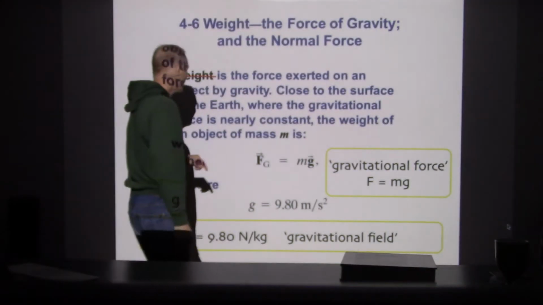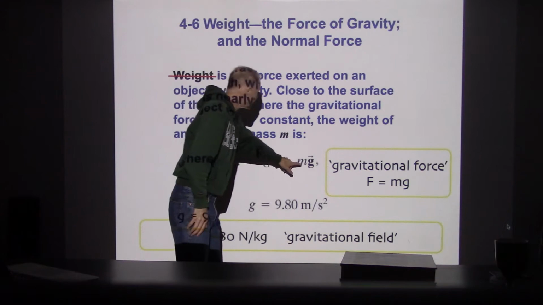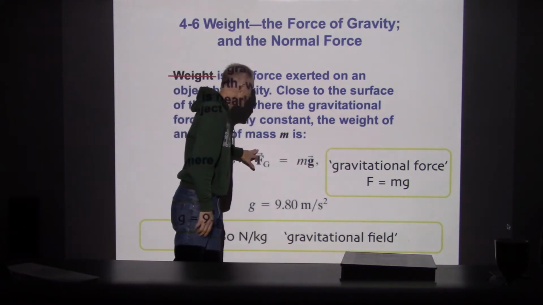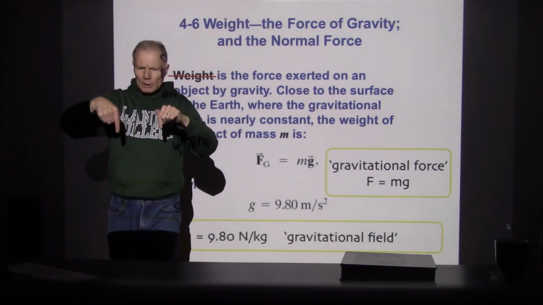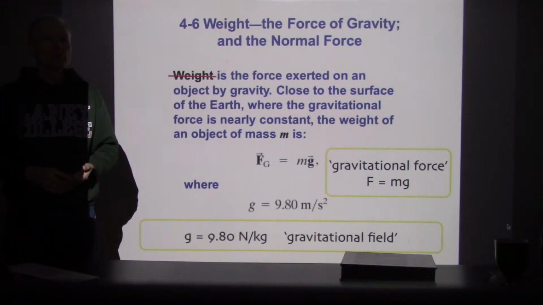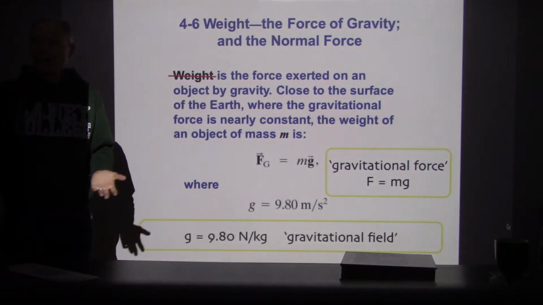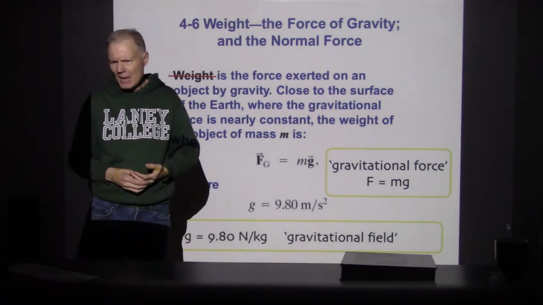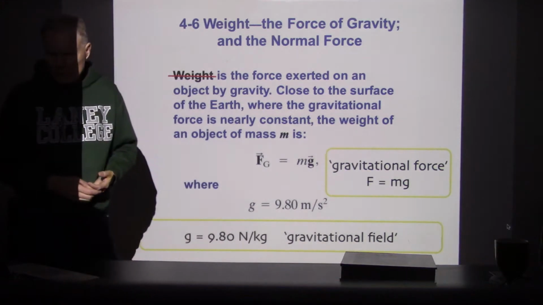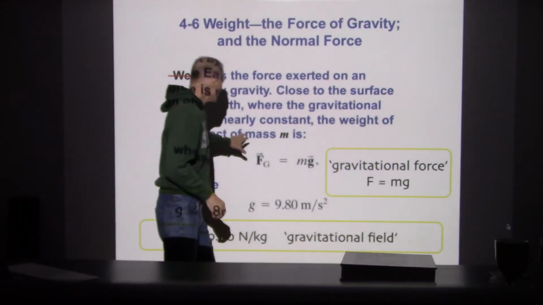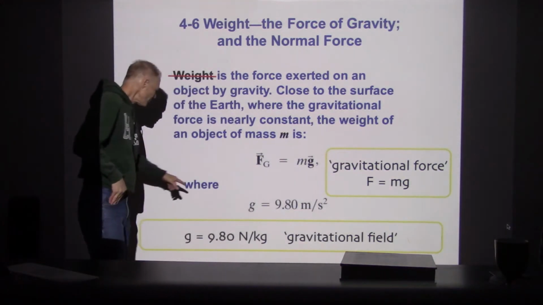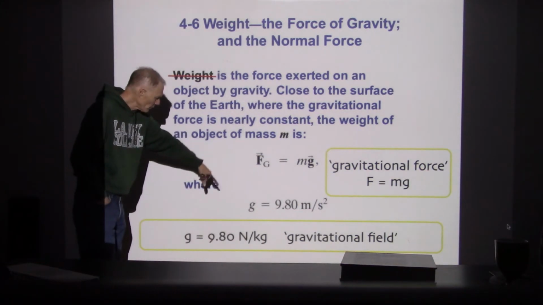And the force of gravity, as we've already pointed out, is given by m times g. Now there are some vector signs here that say whatever direction little g is in. Now little g is referred to as the gravitational field, so I'm going to start calling it that. I'm actually going to start using different units.